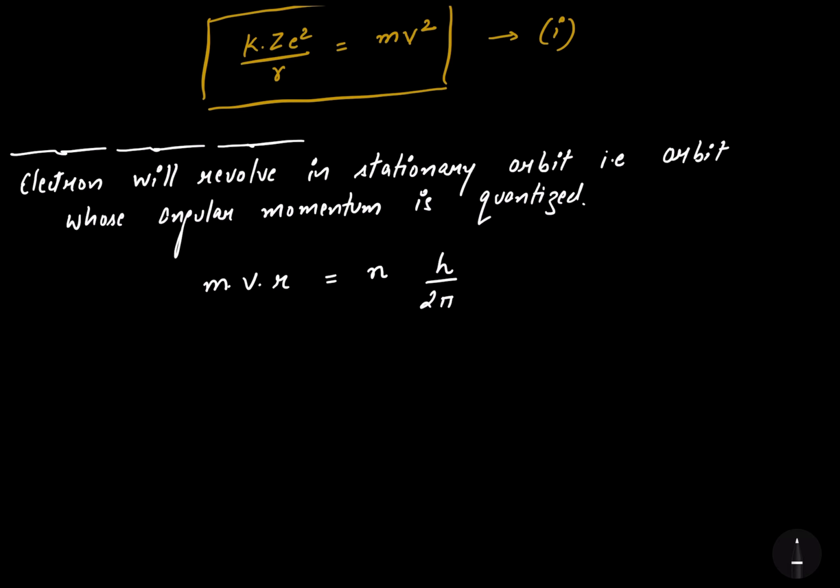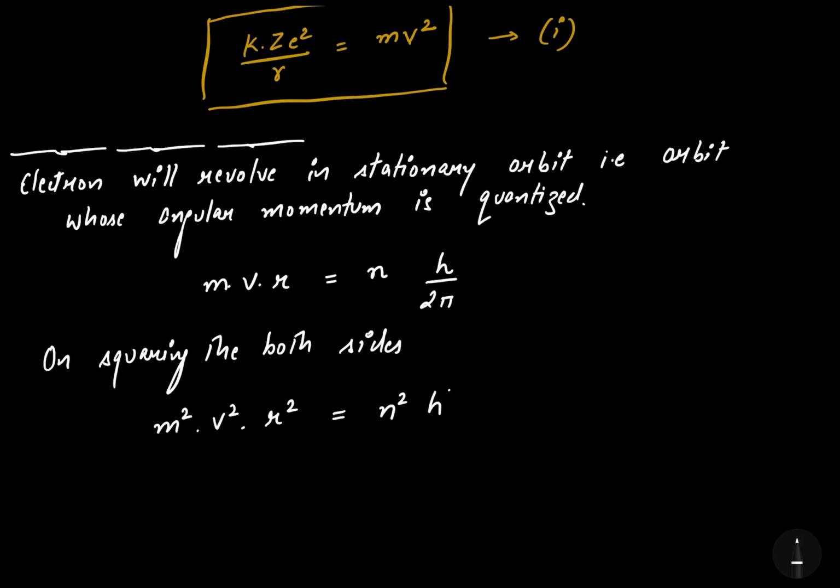Now, squaring both sides, we will get m square v square r square equal to n square h square upon 4 pi square.